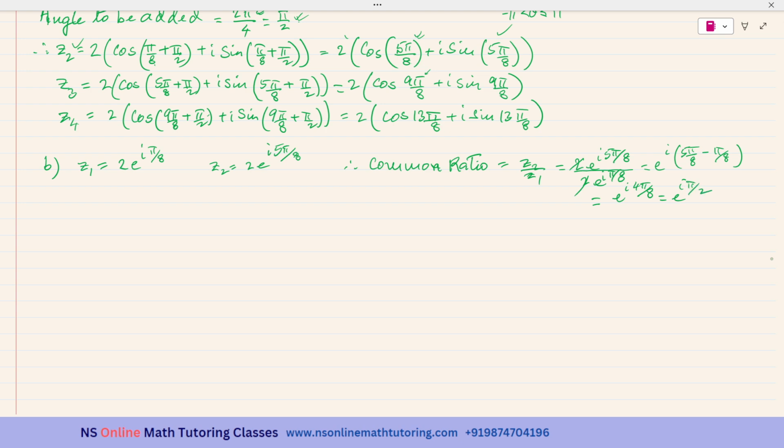equal to e to the power of I pi over 2. So therefore, the common ratio is equal to, the modulus is 1, no doubt, cos pi over 2 plus I sin pi over 2. Cos pi over 2 is 0, sin pi over 2 is 1.